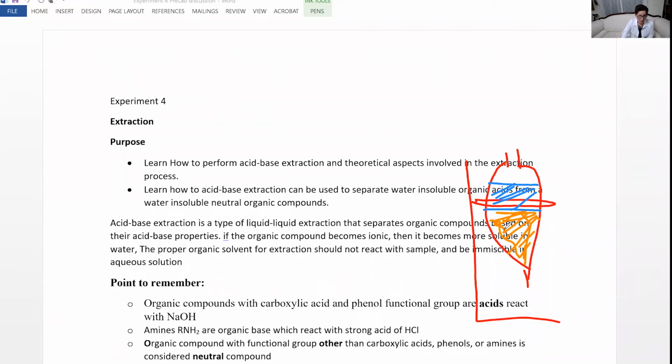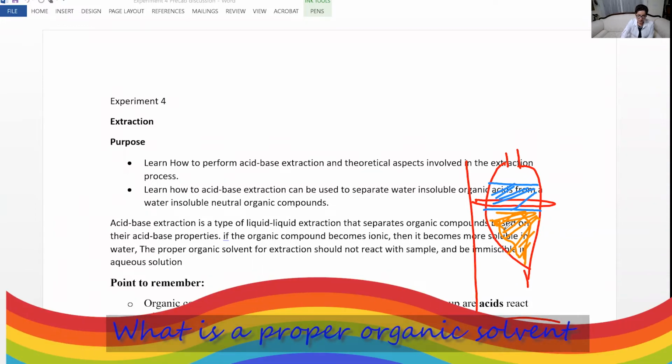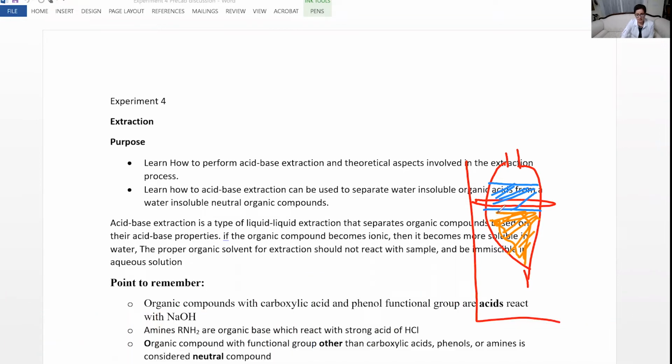So what is a proper organic solvent? First of all, when we are talking about an organic solvent, it means that it's going to be used for the organic layer. It cannot be miscible with water. Like alcohol is an organic solvent, but since it's miscible with water, it cannot be used for extraction. Ether is good, methylene chloride is good.